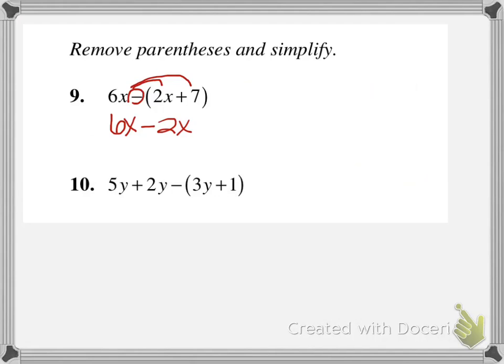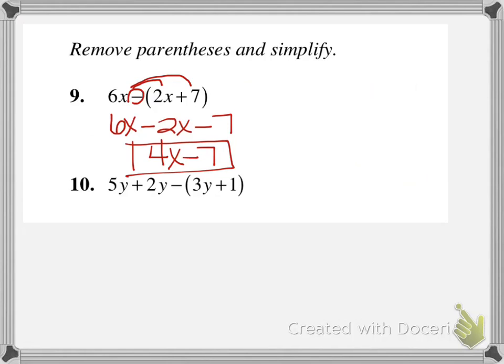And instead of a plus 7, we'll have a minus 7. So notice that everything that was in the parentheses is now the opposite, or the negative, of what it originally was. And now you can combine some like terms. I see 6x minus 2x would be 4x minus 7. And that would be my final answer, 4x minus 7.